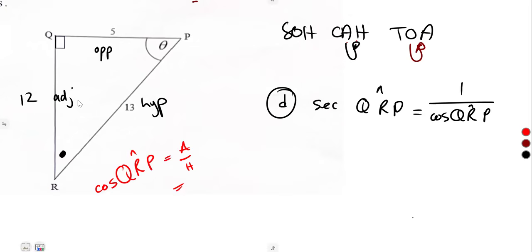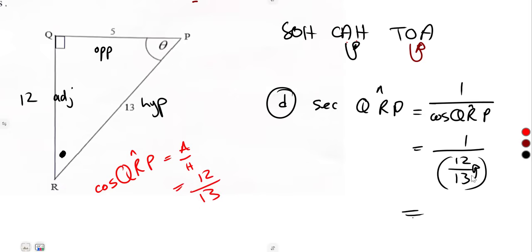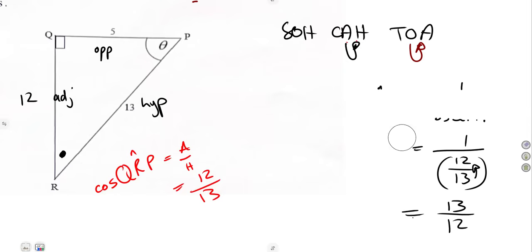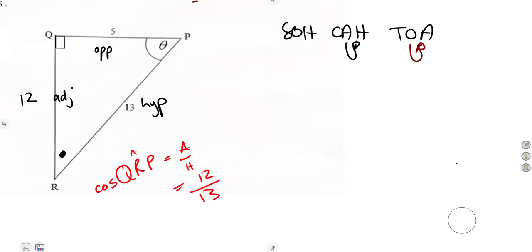So QRP adjacent is what? Is 12. And hypotenuse is 13. So it means 1 over this, that's 1 over 12 over 13, which is the reciprocal. Just interchange this. So it's going to be 13 over 12. So that's what you're being asked there. All right. So many ways that you can actually apply this. Just do revise as much as you can.